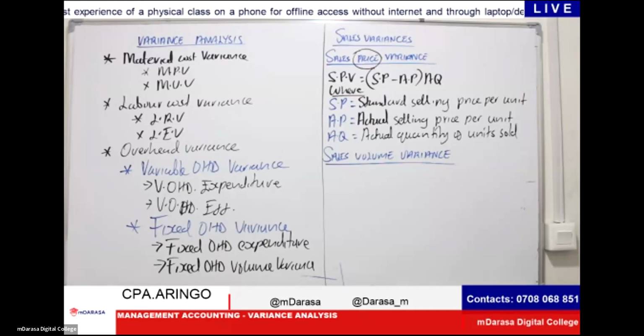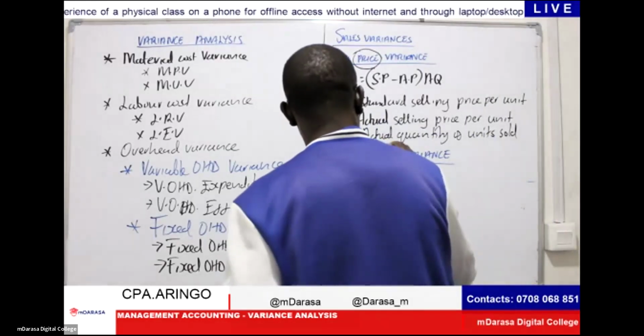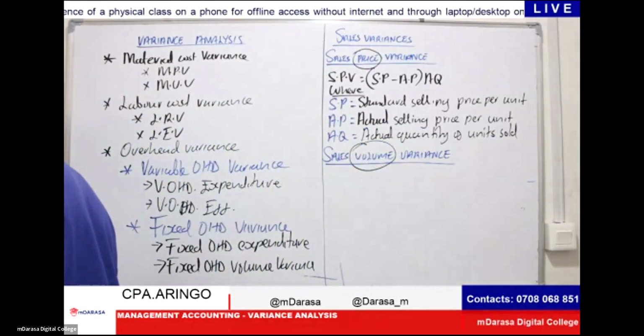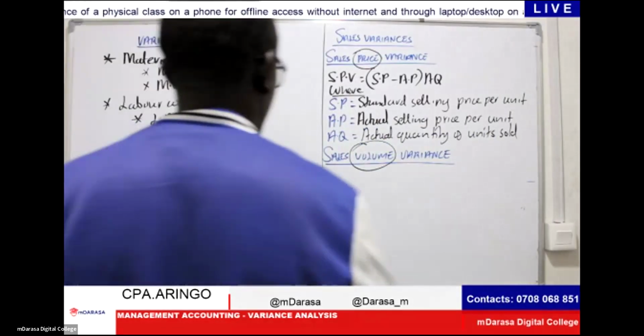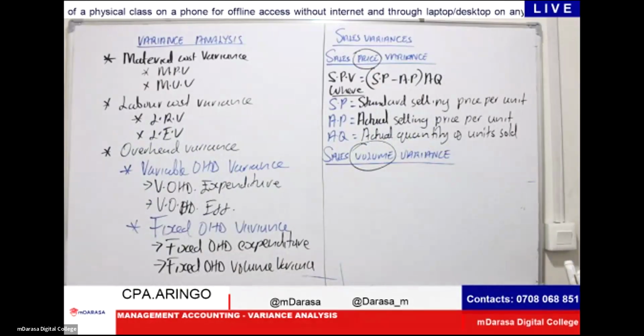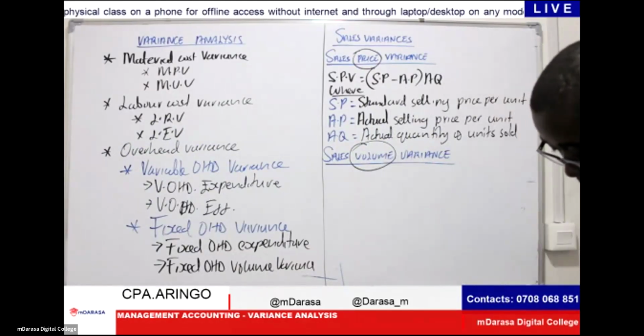So looking at the sales volume variance, all that we need to consider, my good students, is the difference in the quantity, the difference in our output.